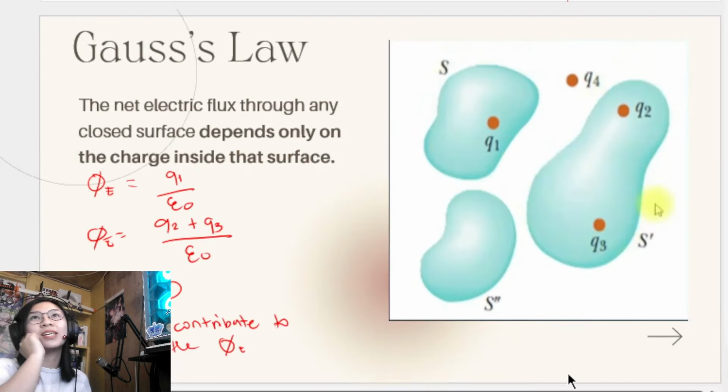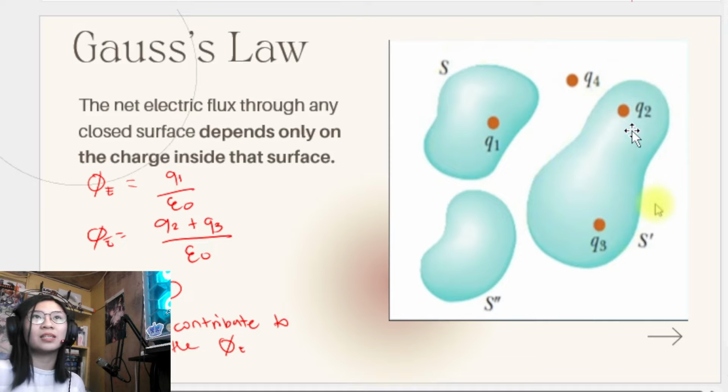For example, we have here three surfaces. Let's say this is S1, S2, S3. The S1 only has one charge inside it, which is Q1. Therefore, to get the electric flux of S1, that will just be Q1 over epsilon naught. Siya ra isa.